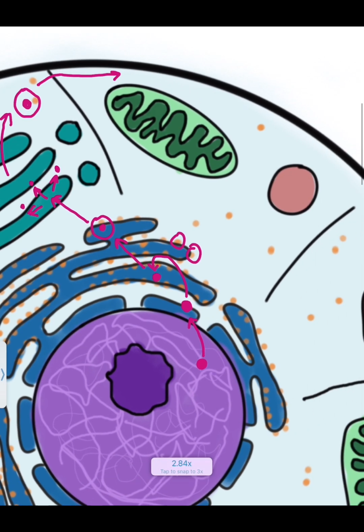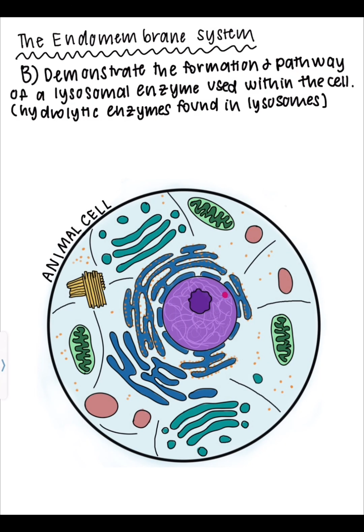And this is when the secretory vesicles containing the insulin are going to move up to the plasma membrane, and they're going to fuse with the membrane and release insulin outside of the cell through exocytosis.